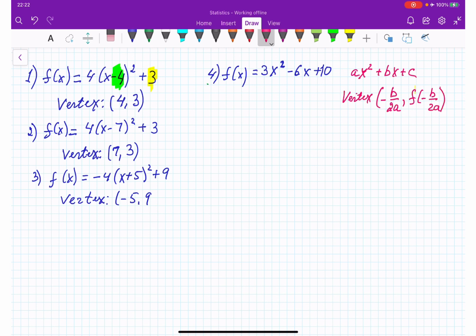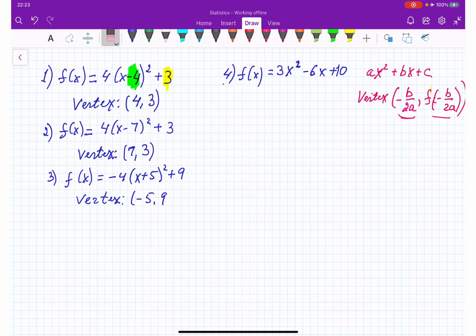Let me explain this so you can understand what I mean. It means first I use this formula to find the value of x, and then I plug this value of x into the expression ax squared plus bx plus c to see how much y will come out.